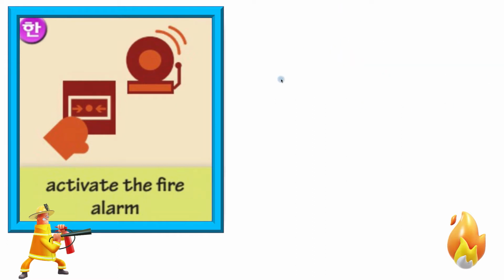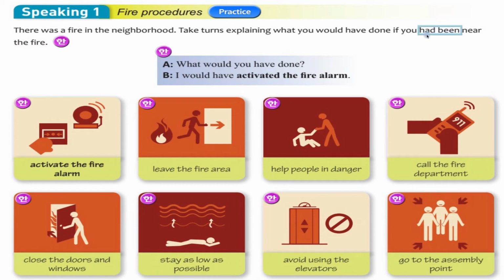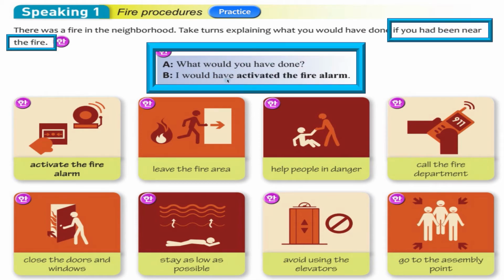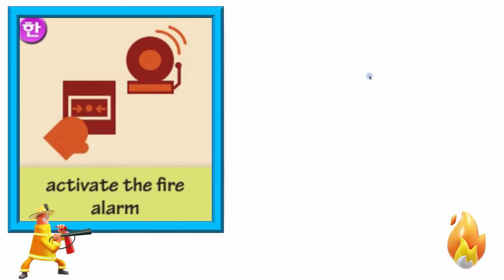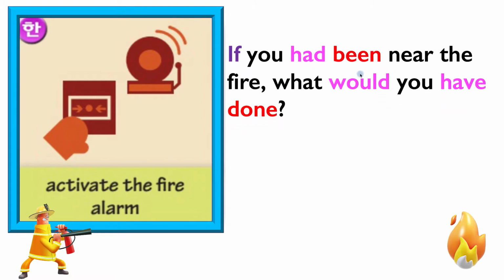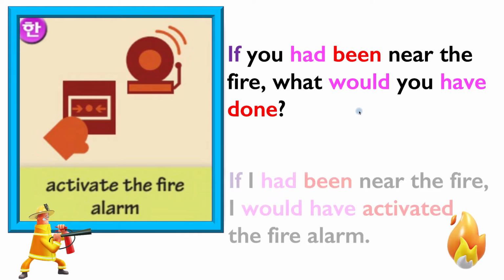So it mentioned before up above here, if you had been near the fire. So here it doesn't add the if. So in my example, I'm adding the if conditional to link it into the grammar that we were listening to before. So if you had been near the fire, what would you have done? That's the point. You are near the fire, so what would you have done?